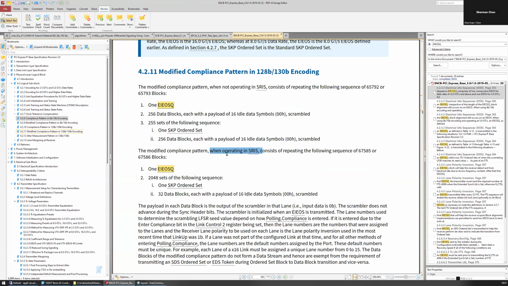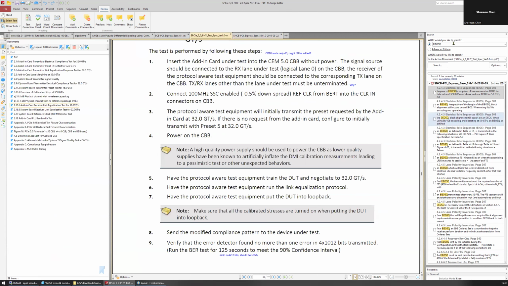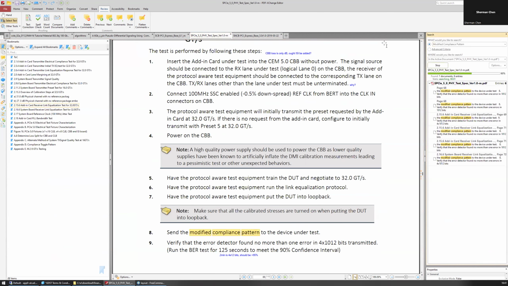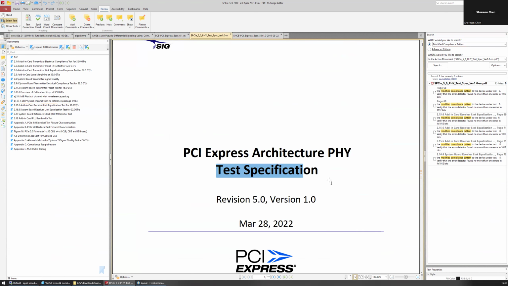Okay, and you might have a question: where should the compliance pattern be used, and where should the modified compliance pattern be used? To find that out, you can copy this modified compliance pattern and search in this PCIe test specification.